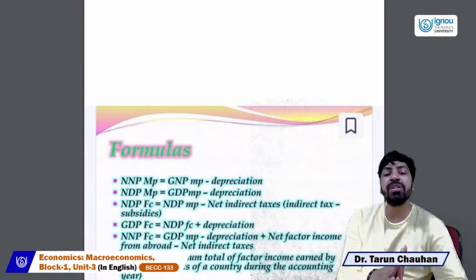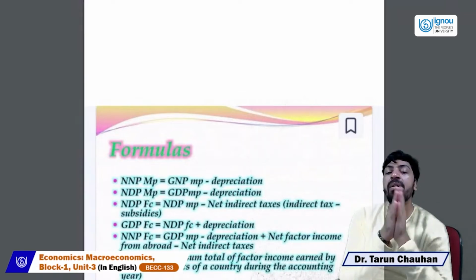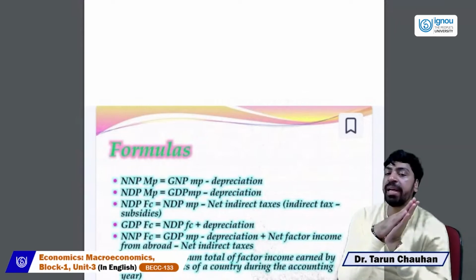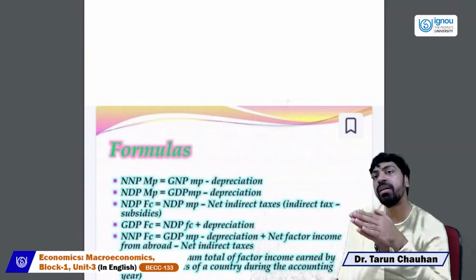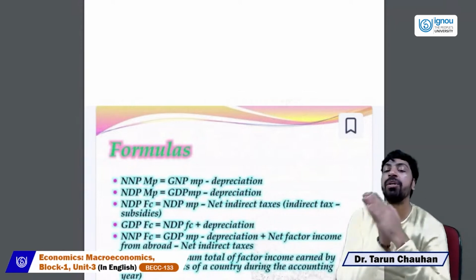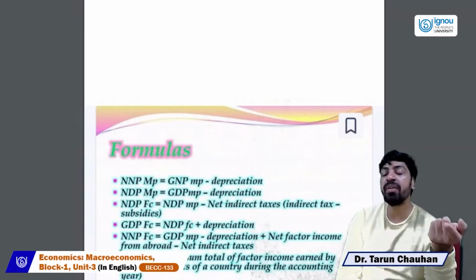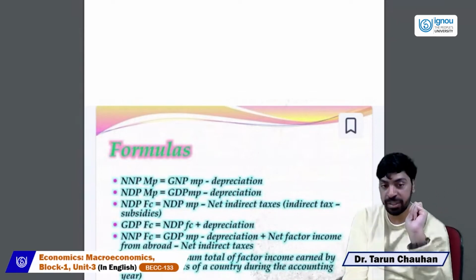When we talk about net, I already told you that once you go from gross to net, you have to deduct depreciation. But when you go from net to gross, you have to add the same amount of depreciation.